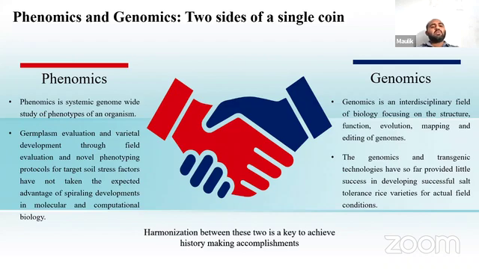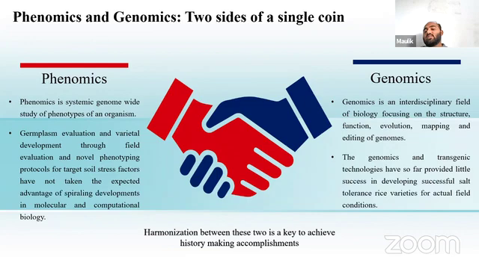Then next is phenomics and genomics. So what is phenomics? Phenomics is a systematic genome-wide study of the phenotype of organisms. Germplasm evaluation and varietal development through field evaluation and novel phenotyping protocols for target stress factors have not taken the expected advantage in molecular and quantitative biology.